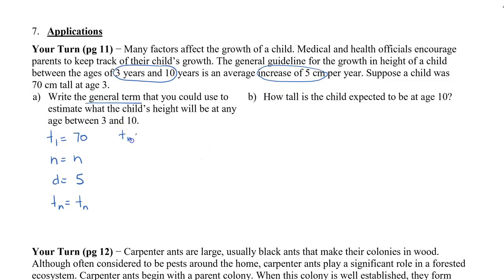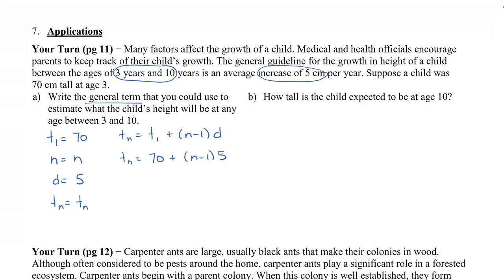So I'm going to rewrite the formula and show you how we're going to use it. Tn equals T1, which is 70, plus n minus 1 times 5. Now there is a little bit of a problem. Let's say that I want n to be the age of the child.